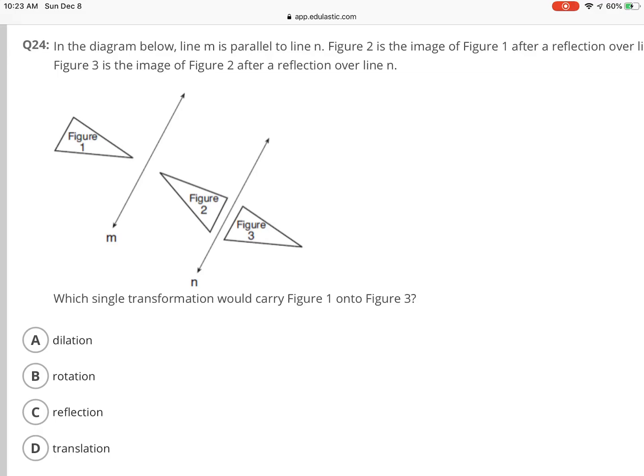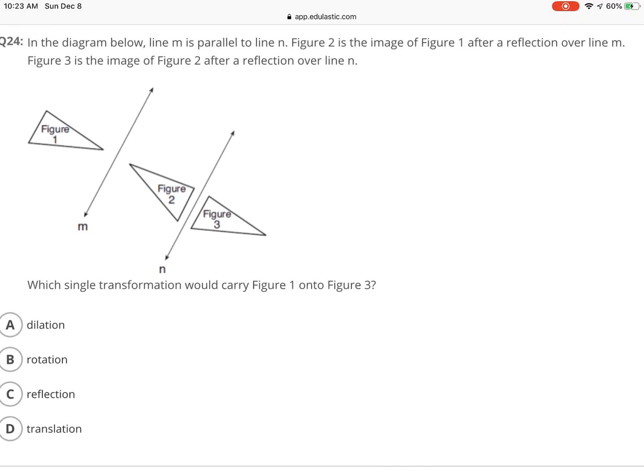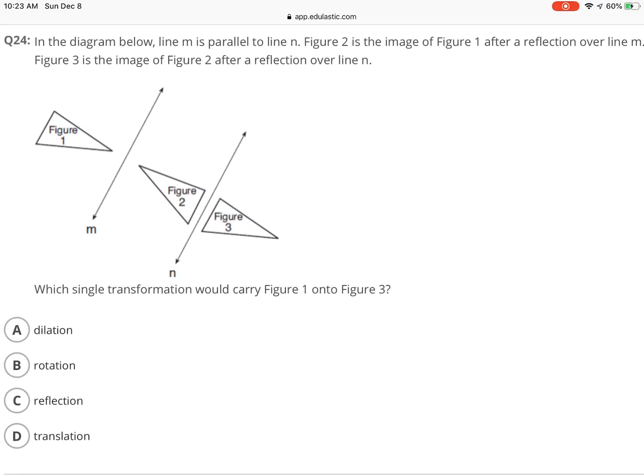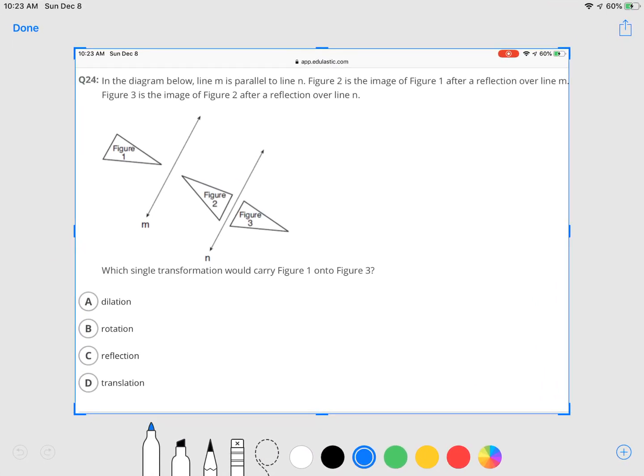24. So in this one, I'm not going to read it. In short, it says figure 1, we go through a couple of reflections, we end up here, and then another reflection, we end up here. Could we have just done one single transformation to get figure 1 to figure 2?